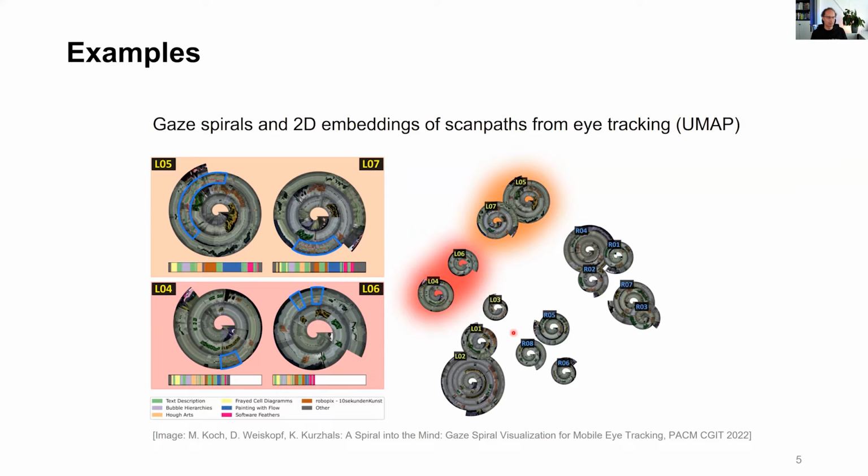So these are represented by these bigger glyphs here, the gaze spirals, and they're living in the two-dimensional space. And how is this two-dimensional space produced? Well, it comes again from a projection. In this case, it's being done by UMAP. So we have the high-dimensional data. These are the scan paths. Each of them is treated as this high-dimensional data point, and the center location is being projected down by this UMAP technique. You can also do a little bit of data drill down.